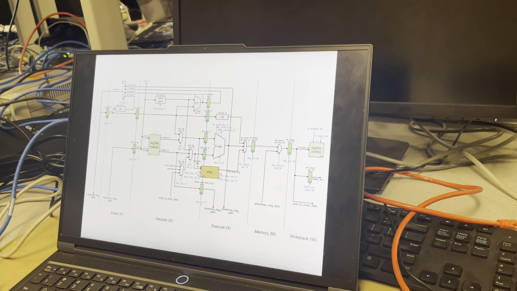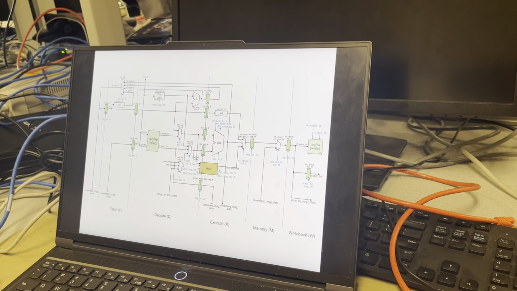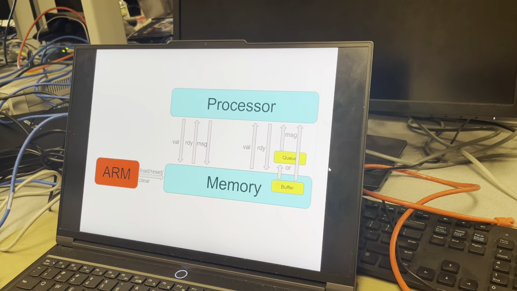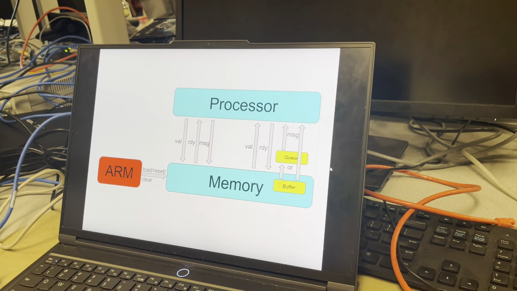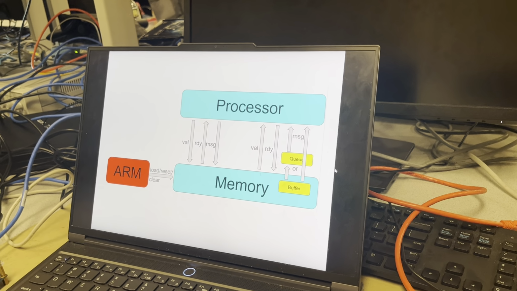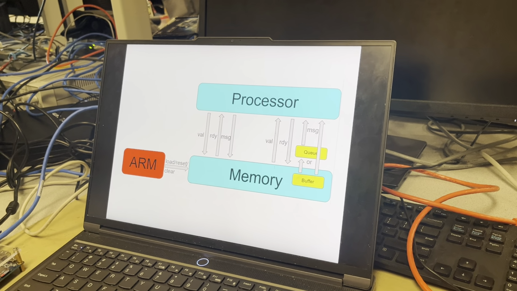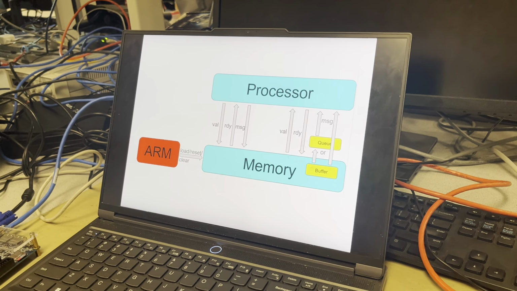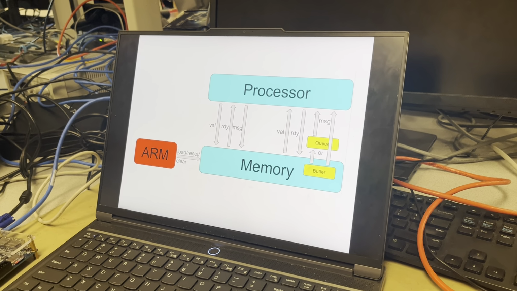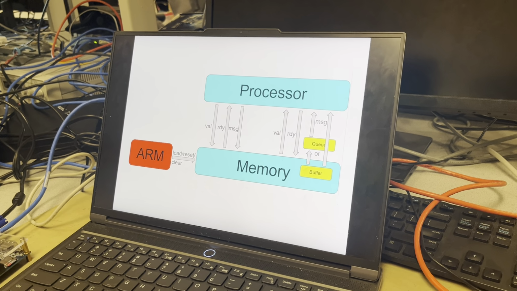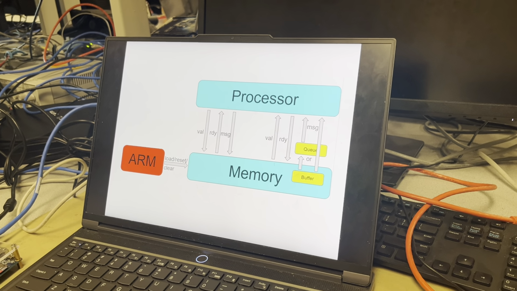It consists of fetch, decode, execute, memory, and write back. And that is our memory. This memory communicates with the processor with many valid and ready signals and also the messages from them.